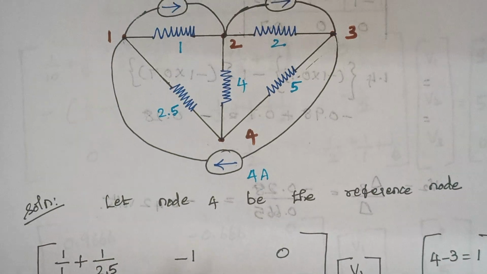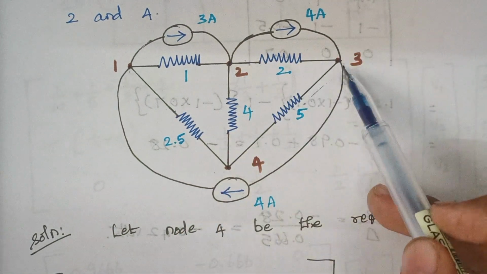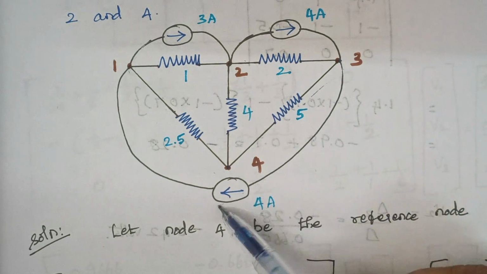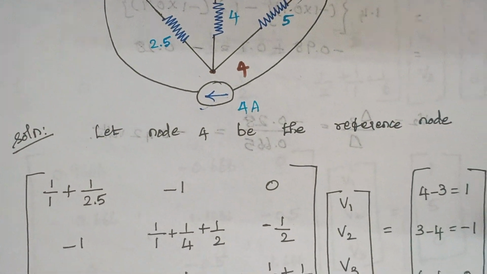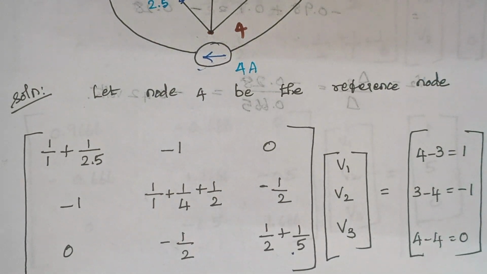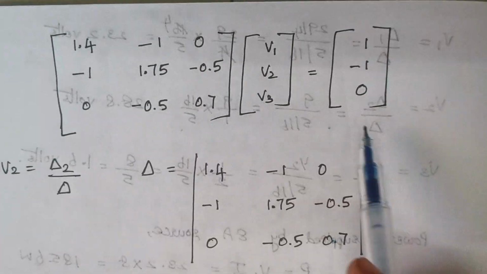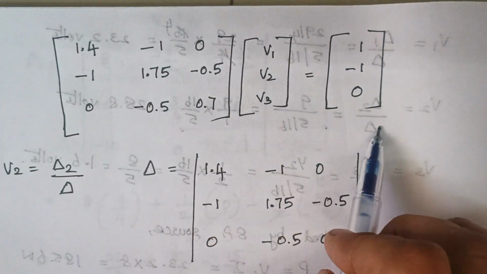And again when you look at node 3, you see 4 amps is coming towards node 3 as well as 4 amps is moving out of node 3. Therefore 4 minus 4, so that gives the value of 0. Right. So here again when you simplify the matrix, we are getting an expression like this.